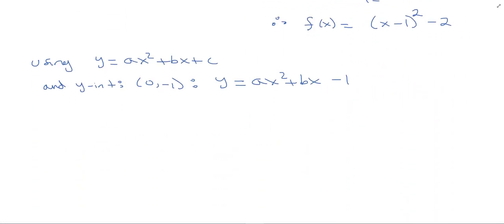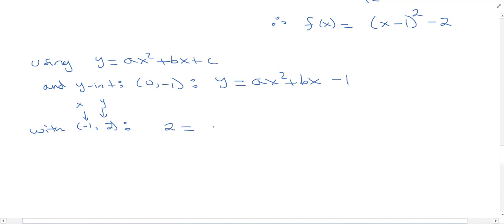So with the point negative 1, 2, again, that means this is x and this is y. Then we will have y equals, so that means 2 equals a times x squared, so negative 1 squared, plus bx minus 1.